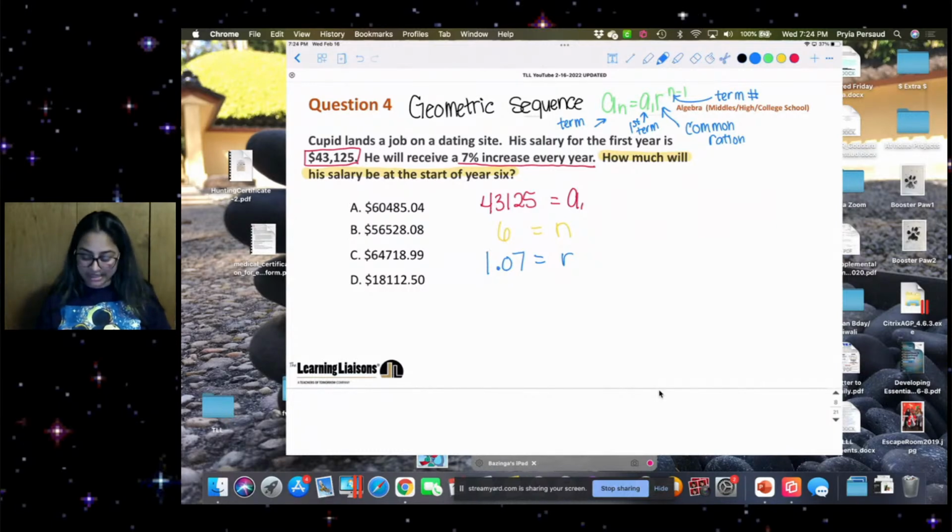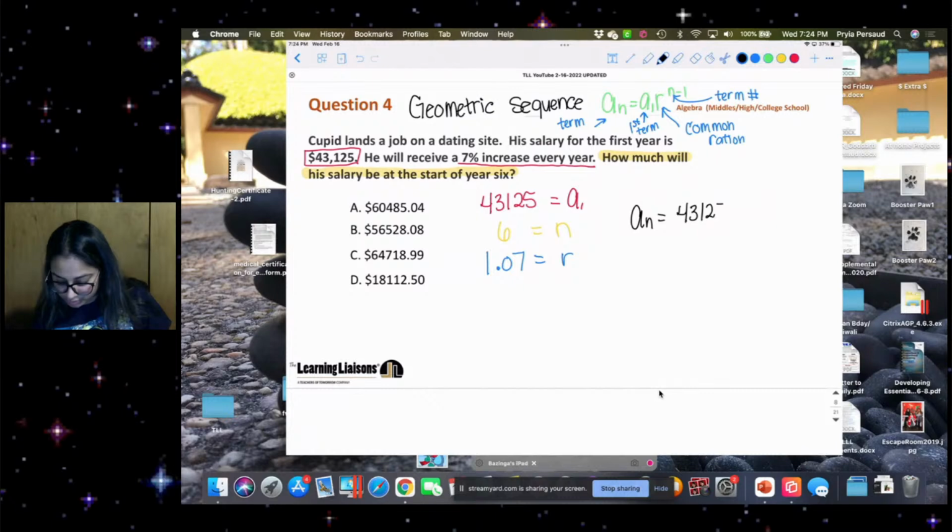Now let's plug it in and chug out a number. So I'll have a_n is equal to $43,125 times 1.07 all to 6 minus 1. So that would be to the 5th power.